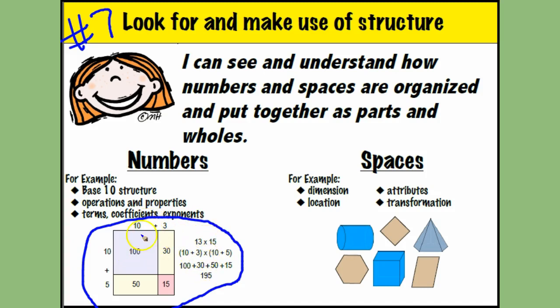Looking at symbols, this is a picture that models. We have 10 plus 3, which will be 13, and 10 plus 5, which is 15. Then we do some multiplication. 10 times 10 gives us an area of 100. 10 times 3 gives us 30. 5 times 10 gives us 50, and 5 times 3 gives us 15. Then we add those all up and we get that. So that's one way to model.